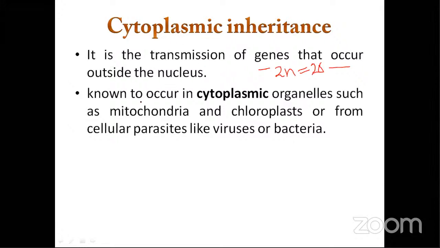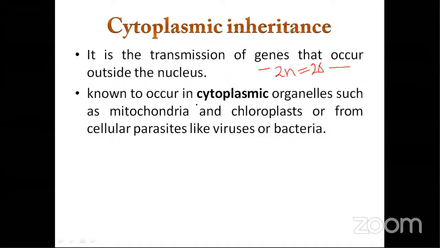So what causes cytoplasmic inheritance? Apart from the nucleus, whichever organelle has genetic material, DNA present, that organelle might have some role in cytoplasmic inheritance. Other than that, if some sort of virus has invaded some organism like bacteria or human being, in that case also they tend to express.